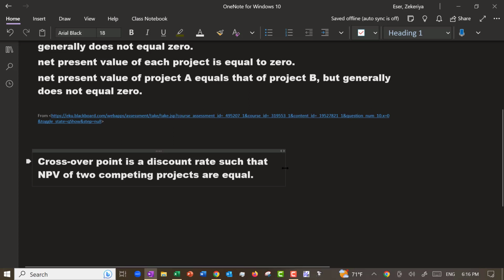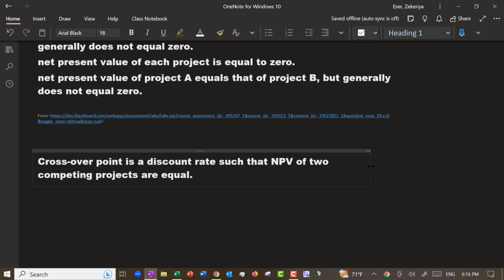It is in spirit similar to IRR, but in this case, at the crossover point, you're indifferent between two competing projects. They have the same NPV.